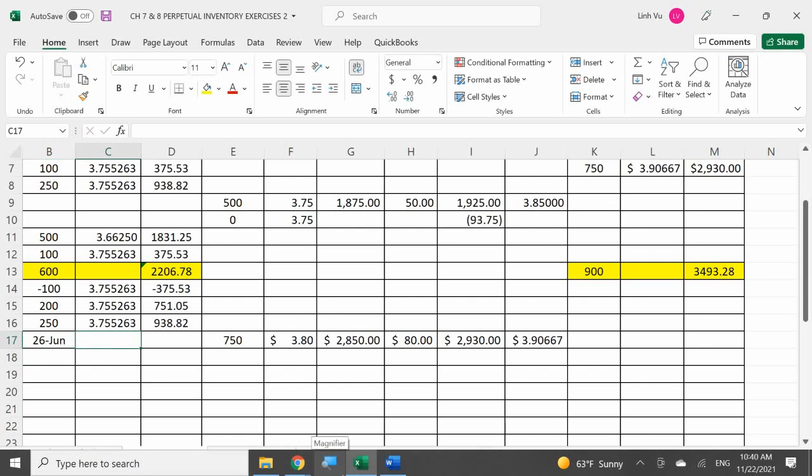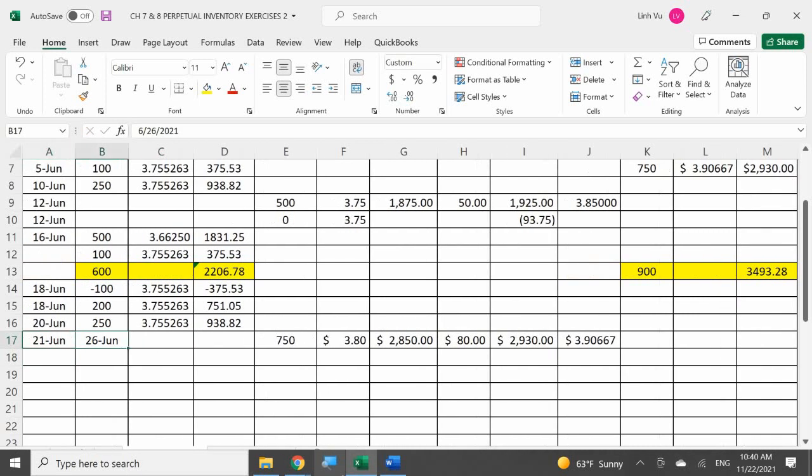I sold 650 mugs. At what cost per item now?